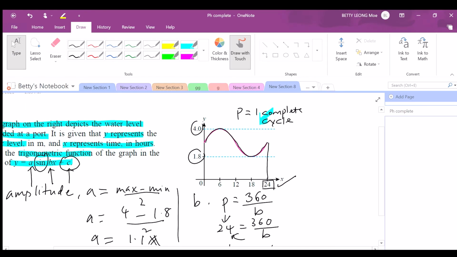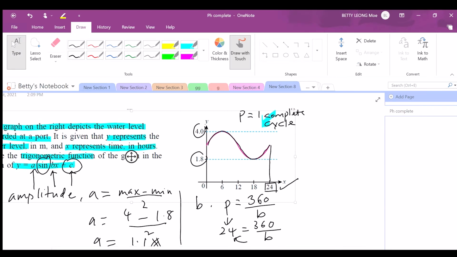From this graph, you want to see the graph. Of course, you can see the basic graph is from here. It has moved from this x-axis.